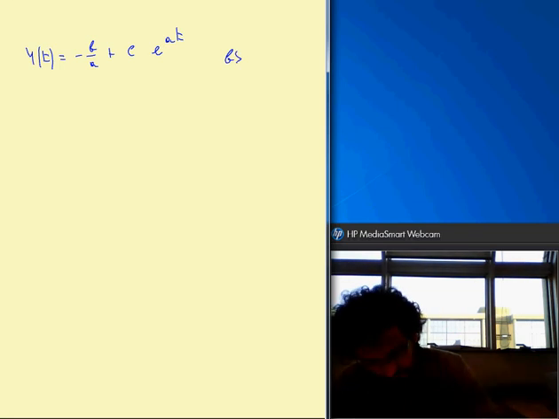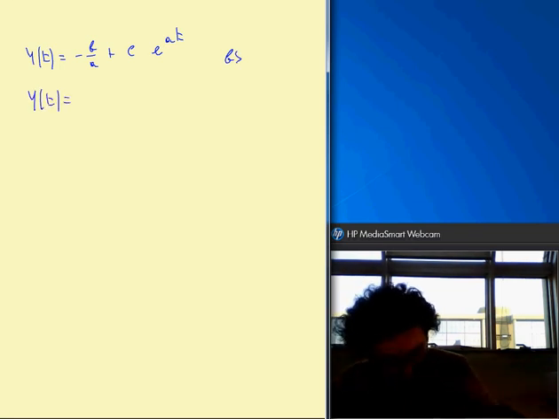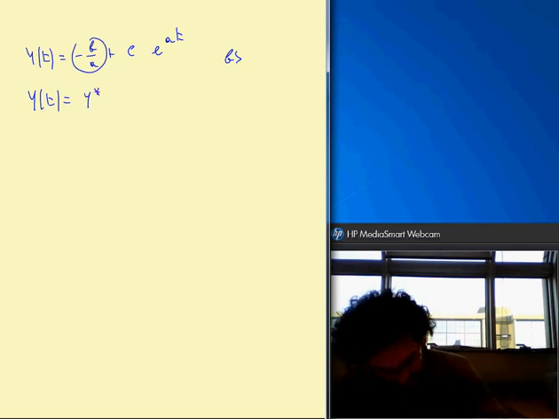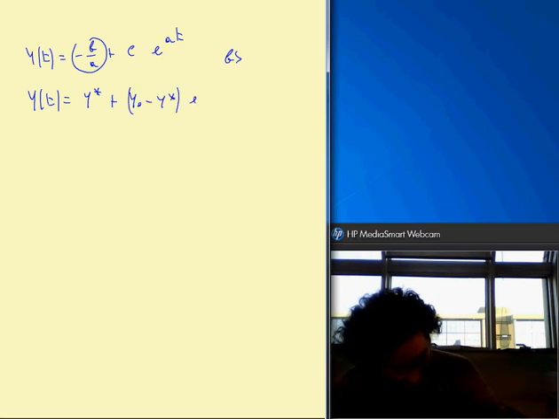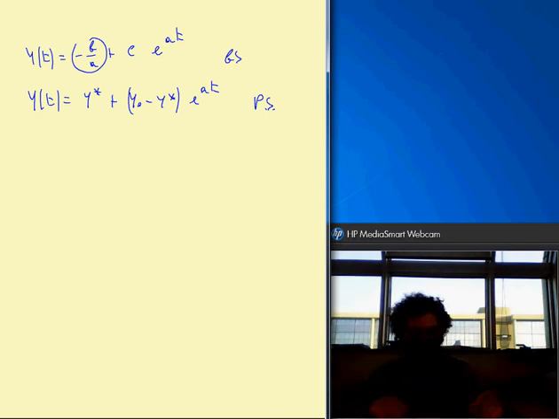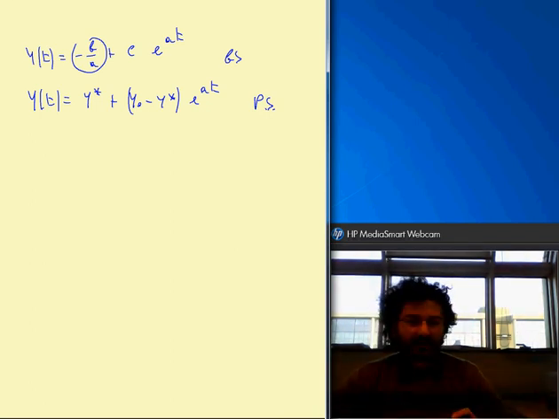The particular solution will be y of t equal to, we know that minus b over a is y star, plus c is y0 minus y star, which multiplies e to the power of a t. This is the particular solution given the initial condition y of 0 equal to y0.